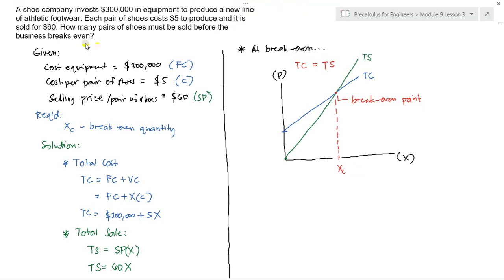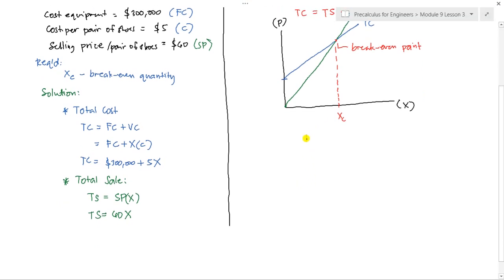So let's solve. Total cost equals total sale. The total cost is $300,000 plus 5x equals a total sale that is 60x. This is a straightforward equation solving for one unknown. So we transpose to the other side. We now have 60x minus 5x equals $300,000.